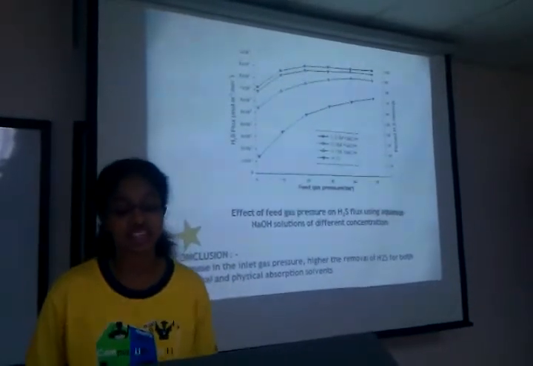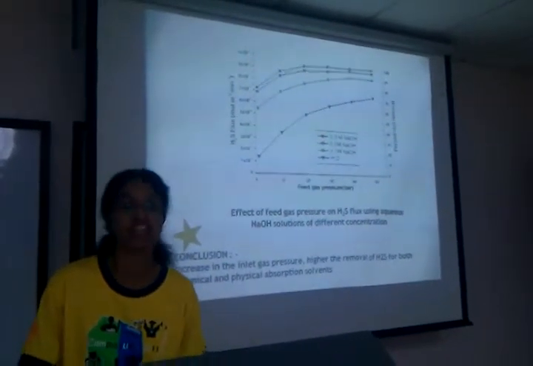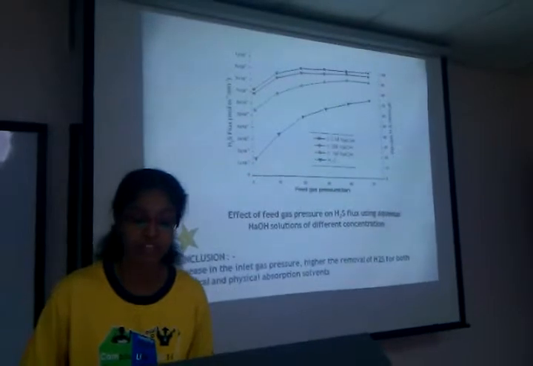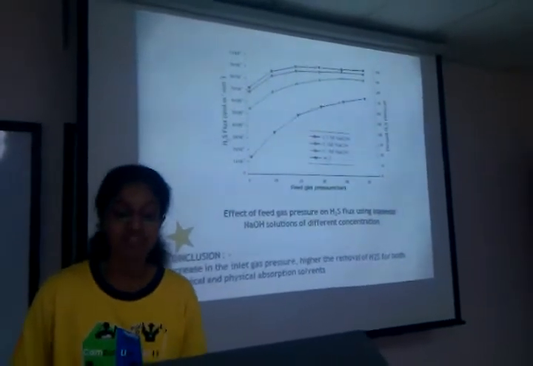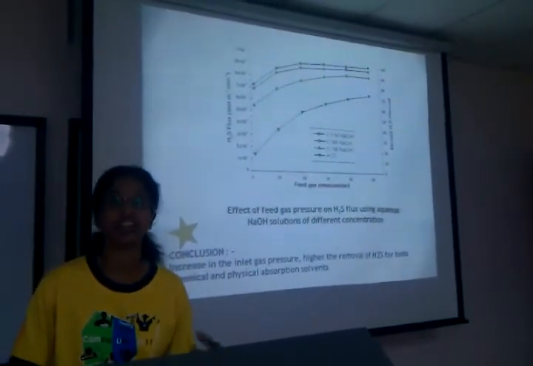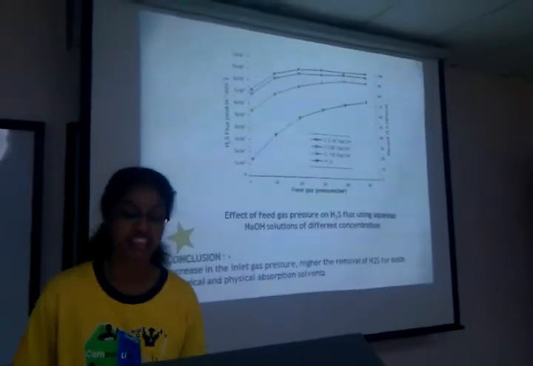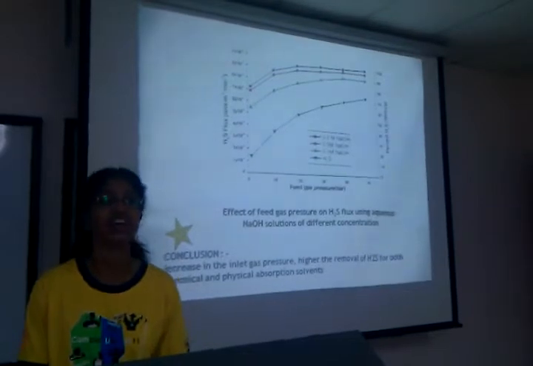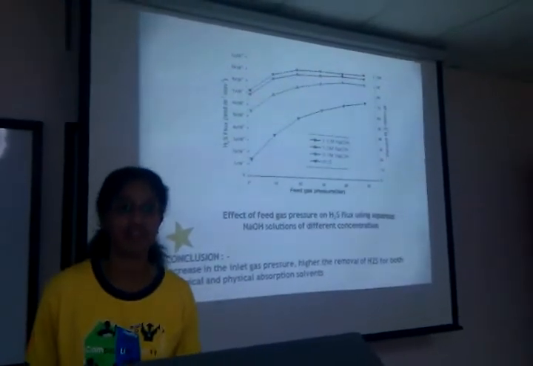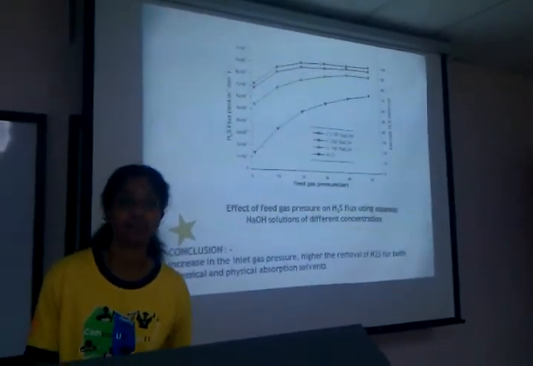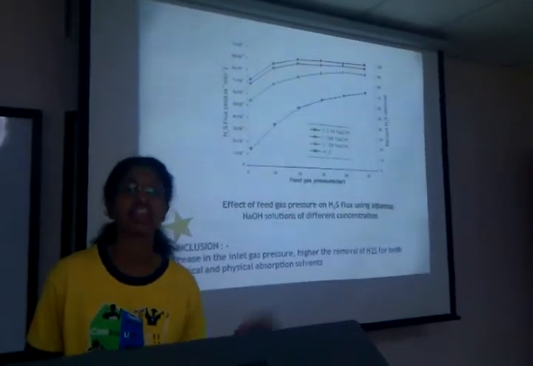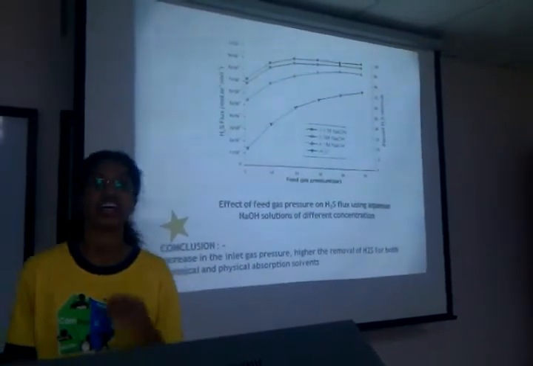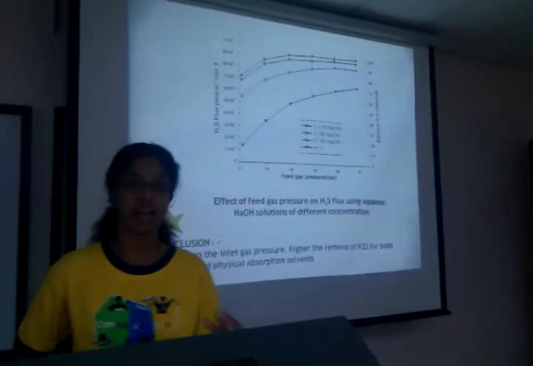While in the second study, they use sodium hydroxide as a chemical absorbent. From this graph also, the chemical absorption increases as the feed gas pressure increases. So we can conclude that for the hydrogen sulfide removal, for both chemical absorption and physical absorption, pressure did affect the absorption.